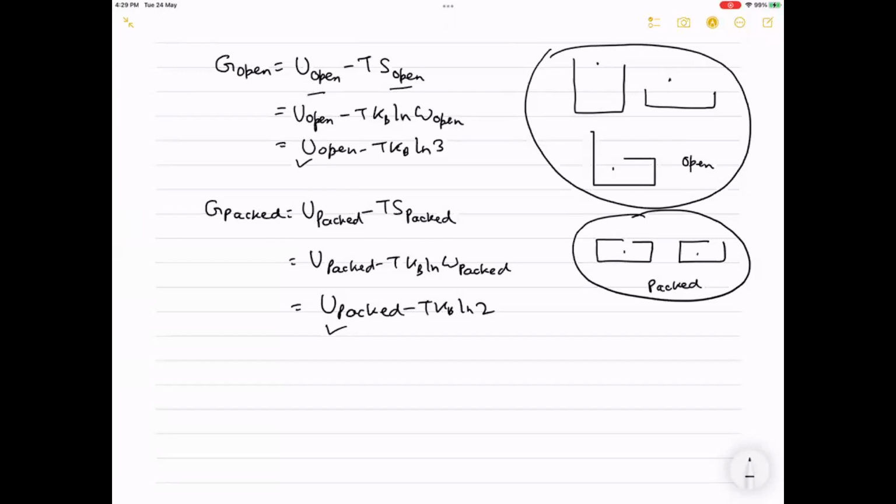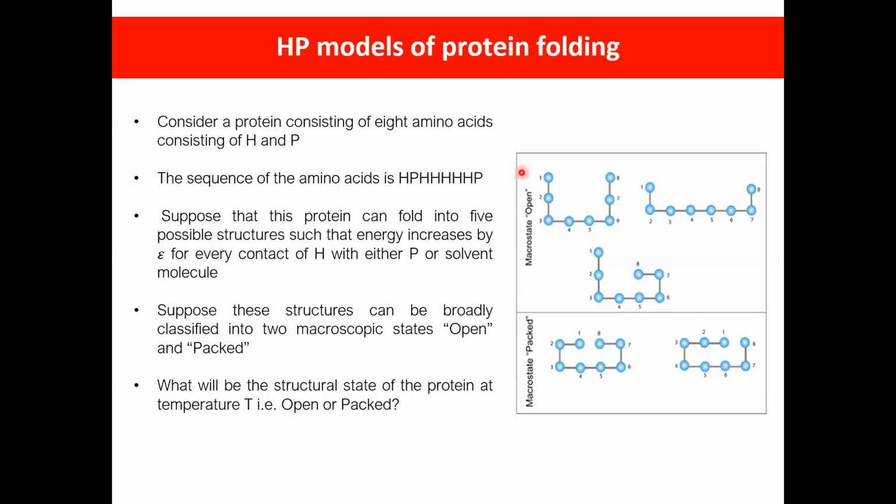Okay, so again, let me quickly flash this slide for a second. Here you can see that the sequence given here is HPHHHP, and you see that all of these positions are numbered. That means if I'm starting to put the amino acids, I have to put them here in this sequence. Similarly, I have to put them here, 1 2 3 4 5 6 7 8, like this.